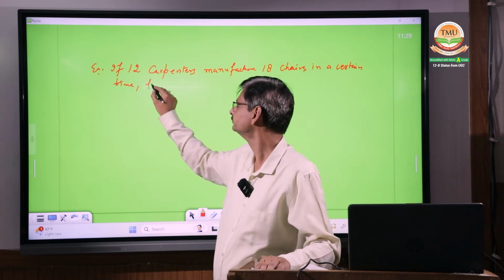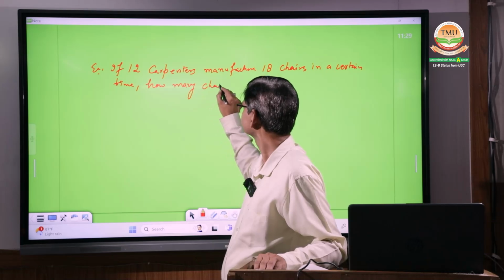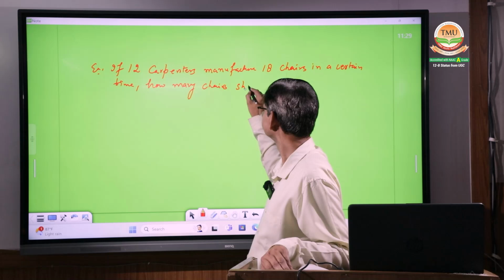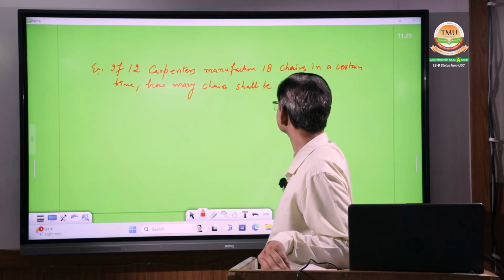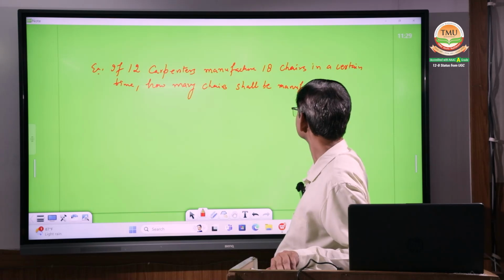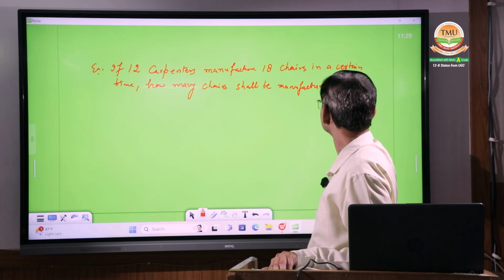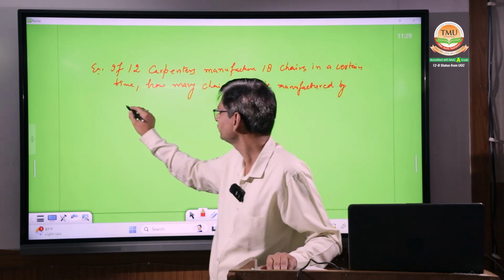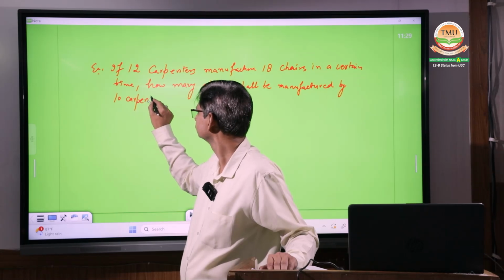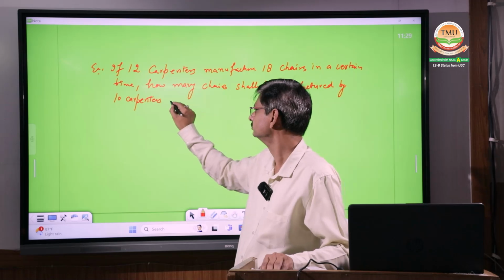How many chairs shall be manufactured by 10 carpenters in the same time?